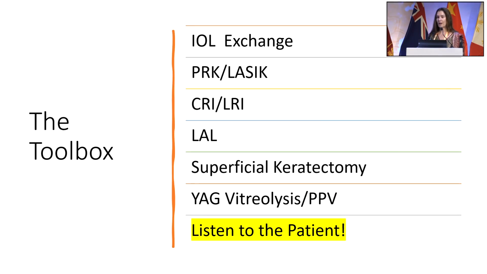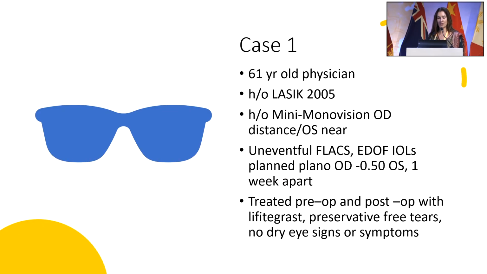We have our toolbox here. All of these things are available to us, and you have to decide what is the best modality to treat your patient. The most important thing, though, is to listen to the patient and decide what exactly they're complaining about. Is it the quality versus the quantity of vision?